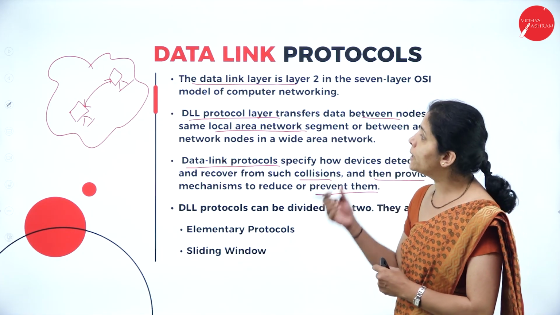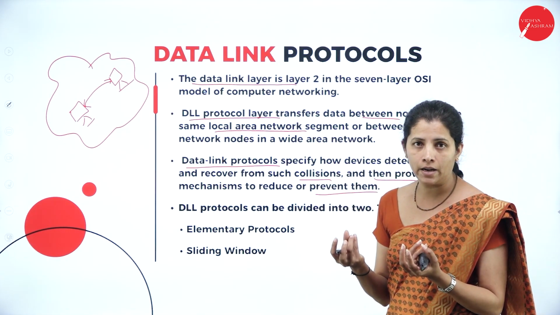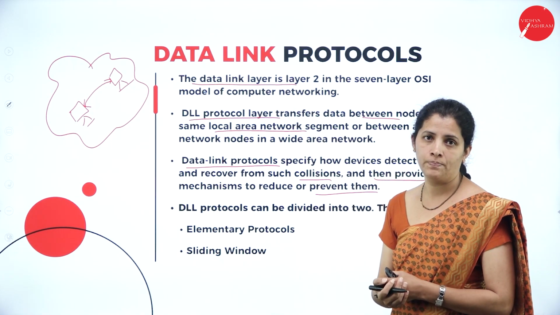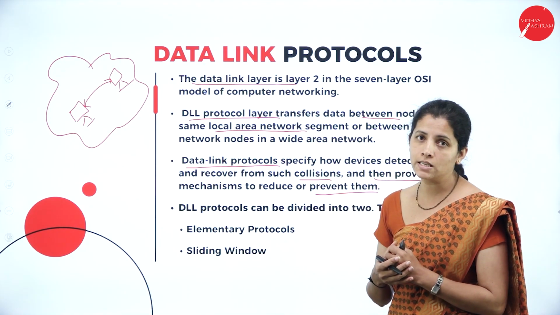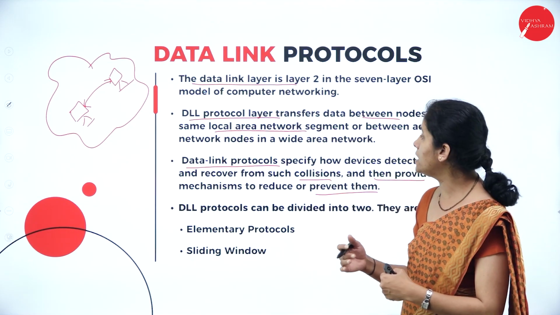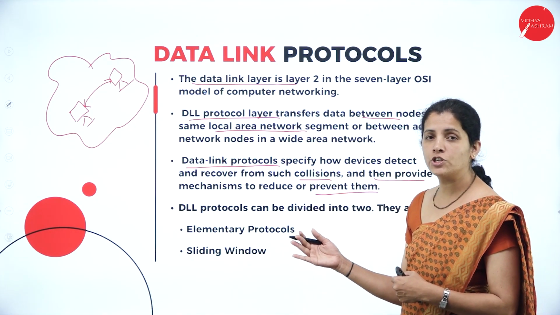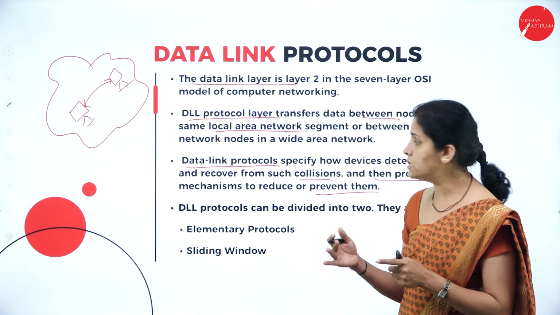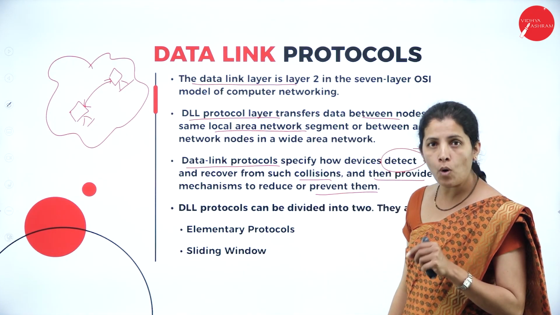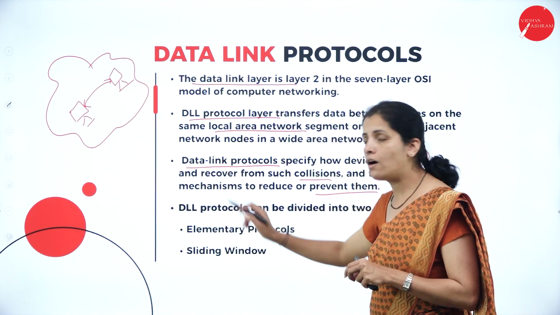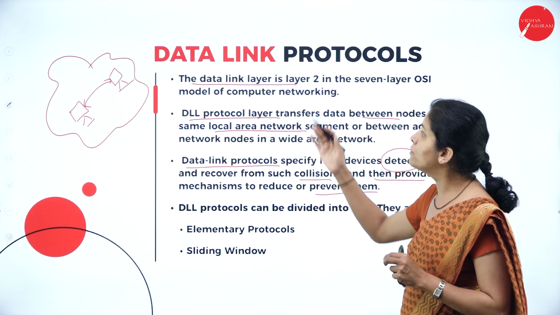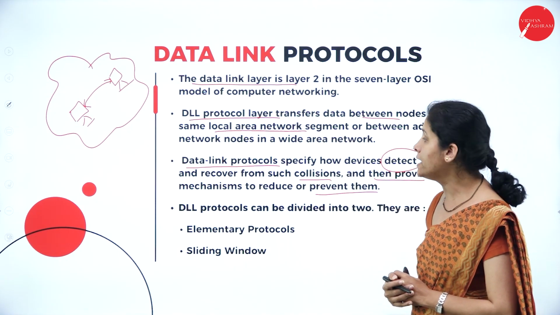So dear student, in a local area network segment I can have many nodes, and each node is responsible for transmitting the data as well as receiving the data. During the transmission or receiving process, if a device wants to detect or recover from any kind of collision, then we want the data link layer.